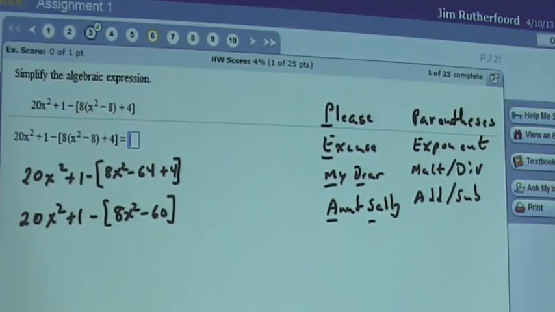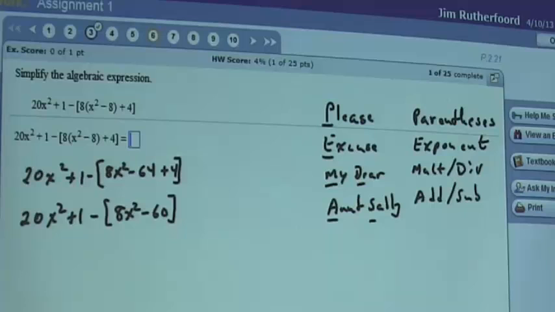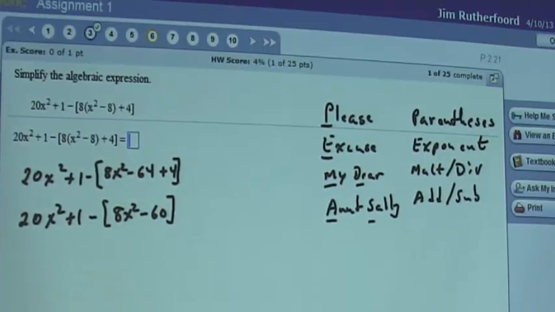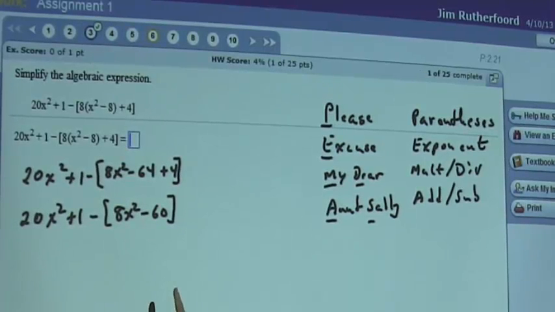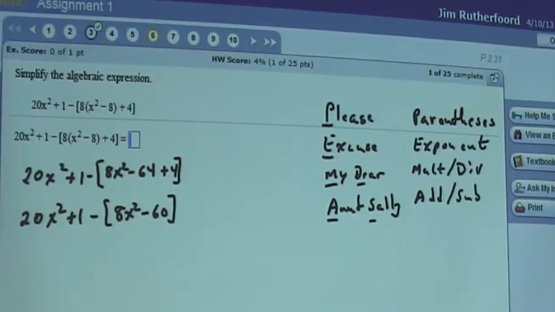Well, I must get rid of the 8x squared, so I'd add a negative 8x squared. And I would add 60, so I'd have a positive 60. So the additive inverse, negative sign outside means additive inverse, of 8x squared minus 60 is a negative 8x squared plus 60.